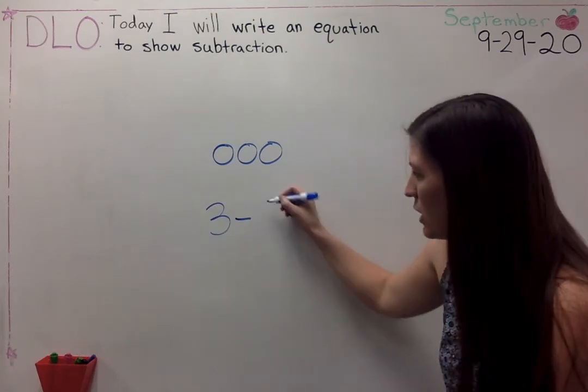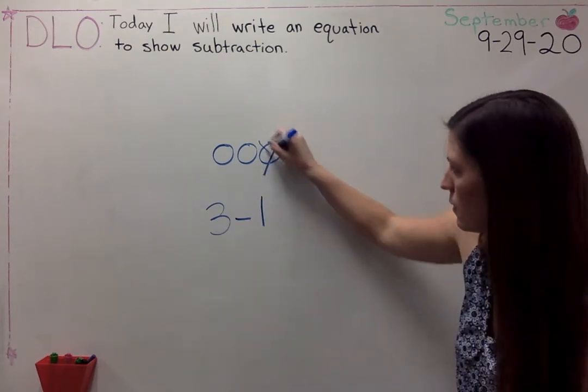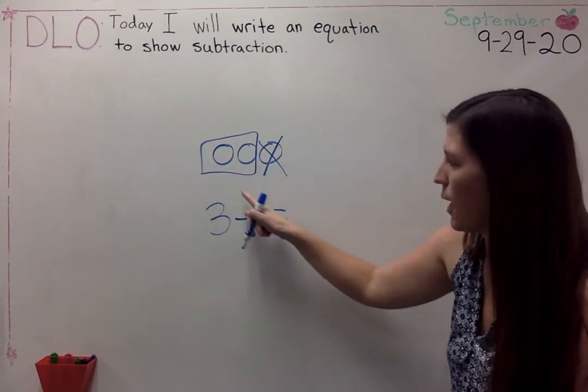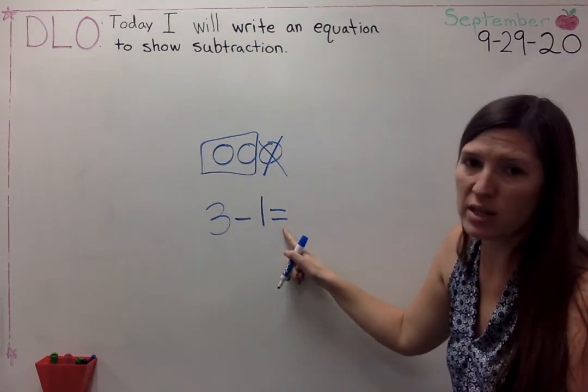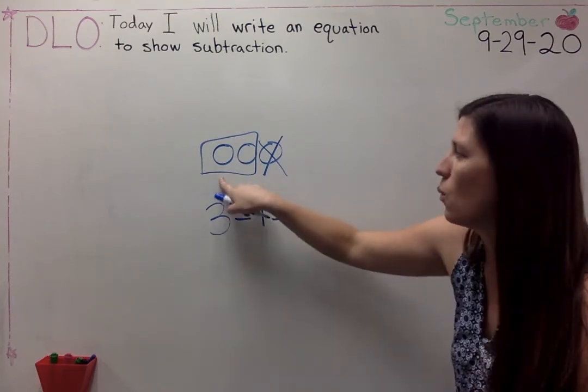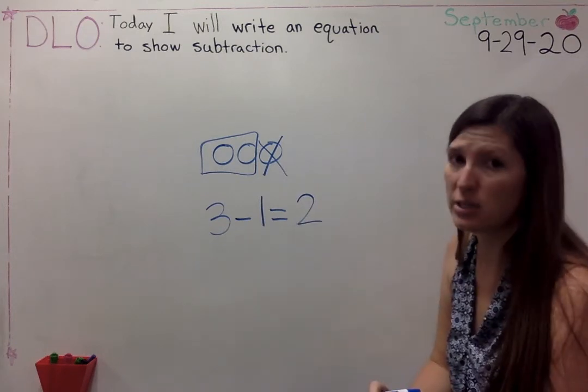I ate 1 cookie. I'm going to take away 1. After I've eaten 1, I want to find the difference. How many cookies are left? Let's count. 1, 2. 2. My difference is 2.